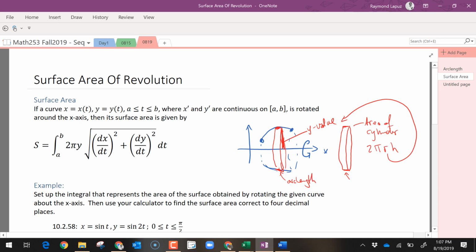Okay? And then the arc length has a built-in delta t because the t-axis is actually not in this drawing because it's being brought in from somewhere else. So we have 2 pi r h.